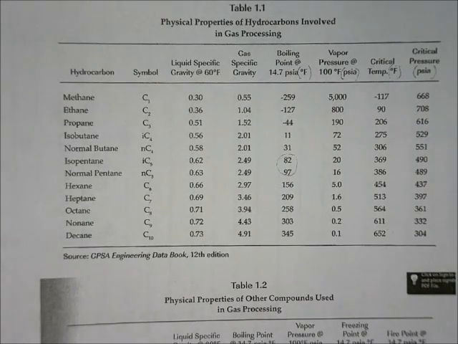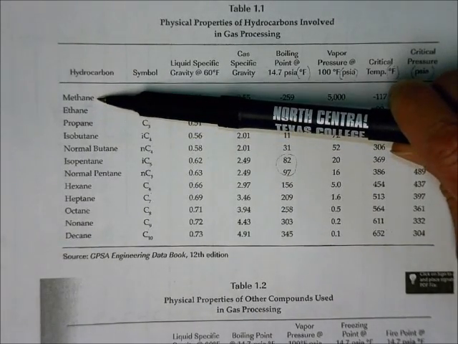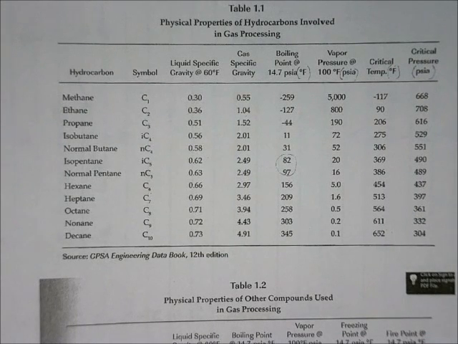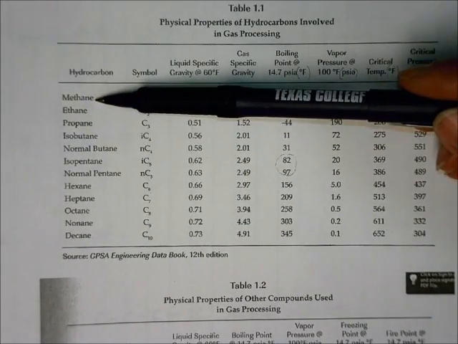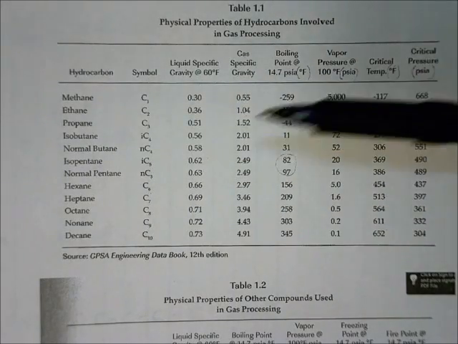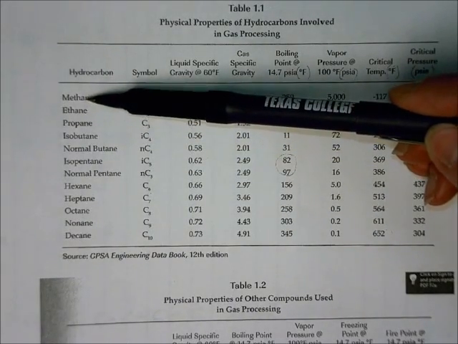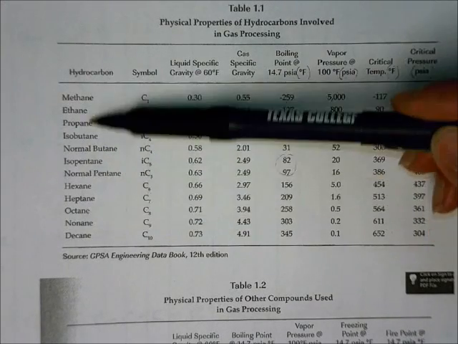Ultimately, we want to separate them out. Methane is what is referred to as natural gas by people who are buying natural gas. It's the thing that's very commonly burned in homes. But in the oil field, when you talk about natural gas, we're talking about all these things together. Ultimately, in natural gas processing, we're going to get the contaminants out and separate out each one of these individual components.